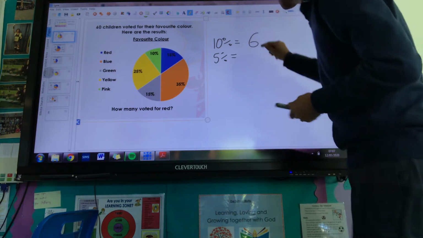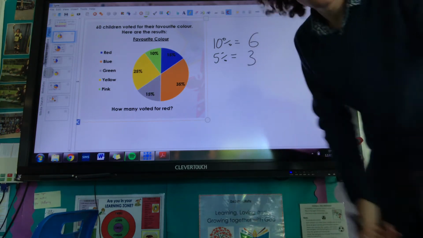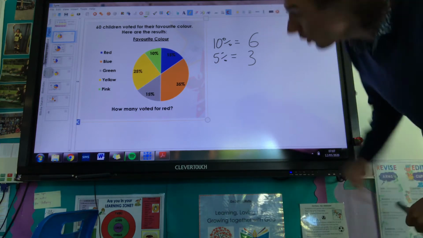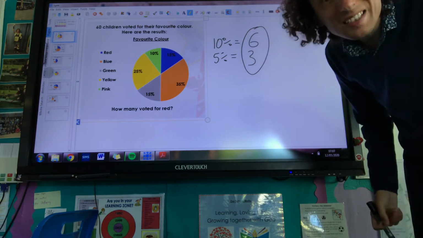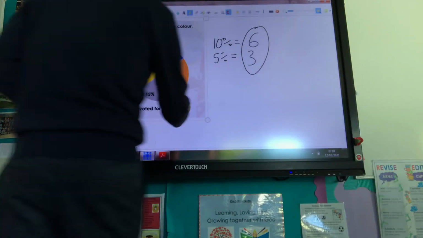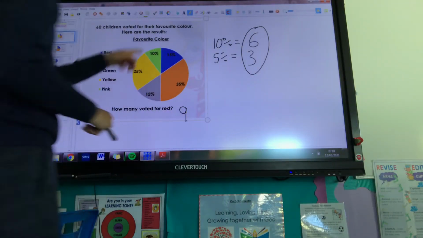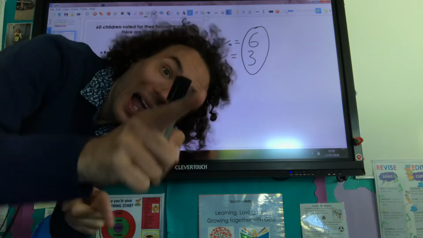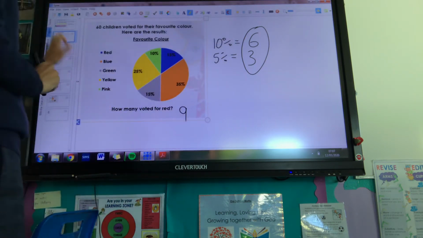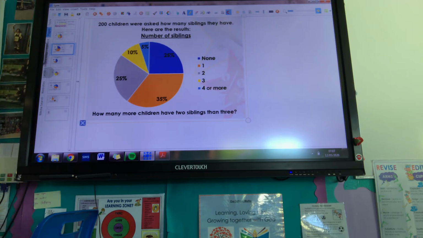Yes, it's 3. So then, to find out 15%, all we have to do is add the 10 and the 5% together. What's 6 add 3? Yes, it's 9. 9 children voted for red because 15% of 60 is 9. You can do this.